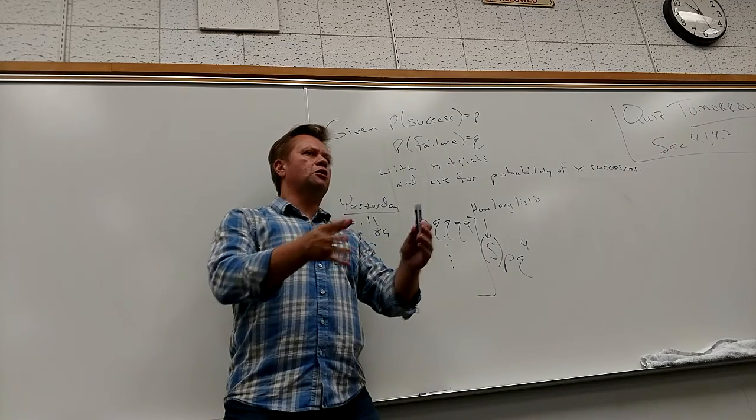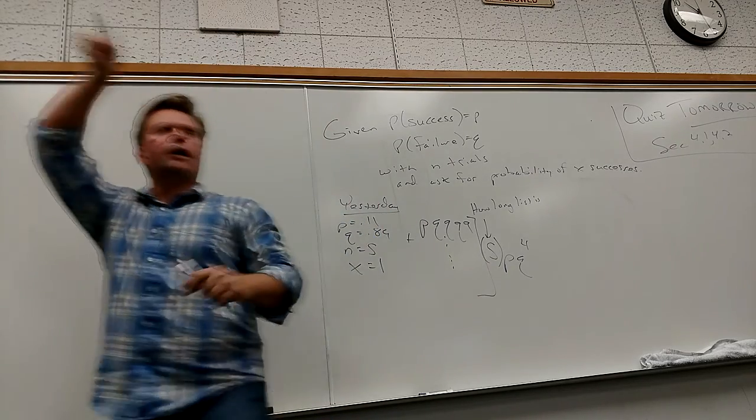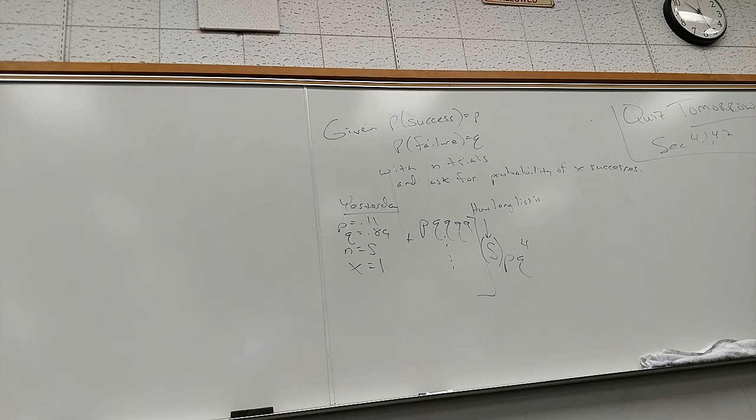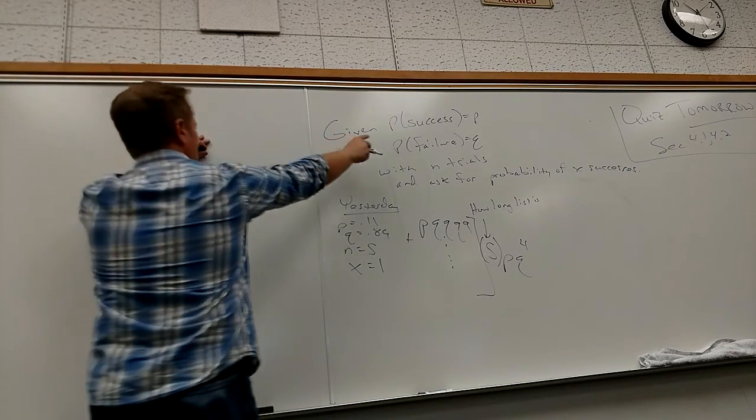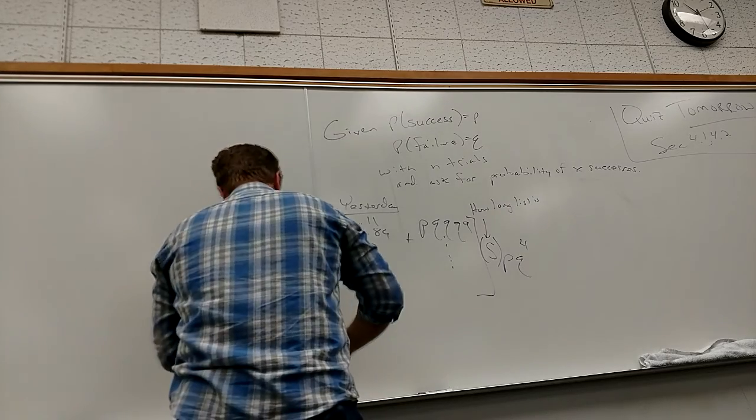So here's the general formula, and we'll talk about how to do this in that first piece in the calculator. So if I have a situation like this, the general formula, there you are.